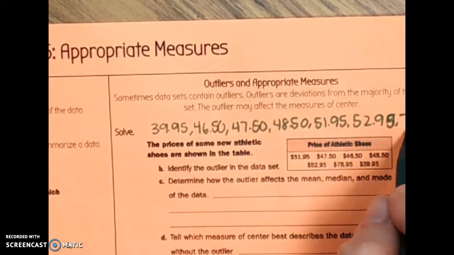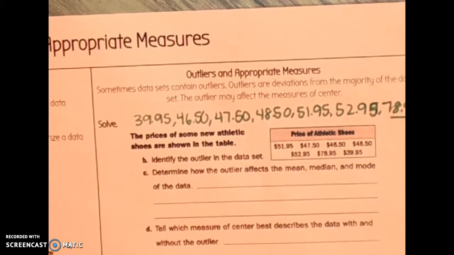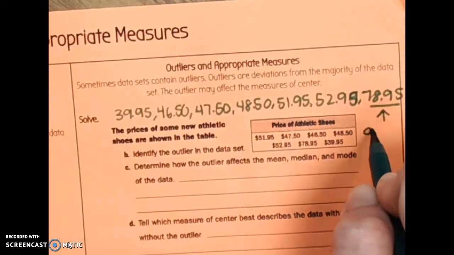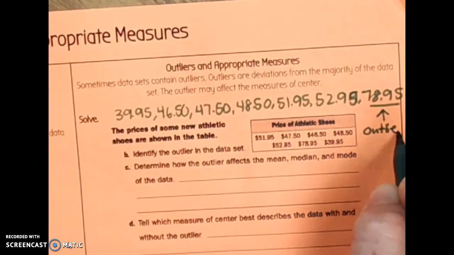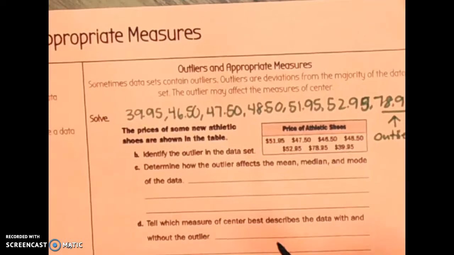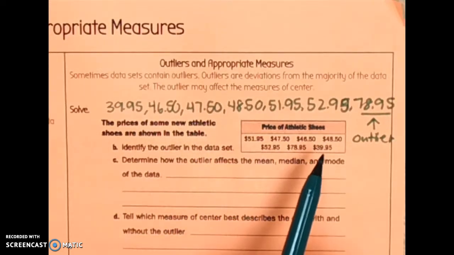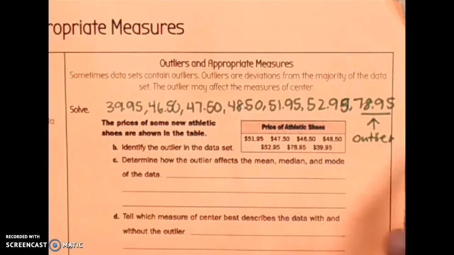And if we look at it, $78.95 is really far out there, so our outlier is $78.95. So I identified it. Now, we're going to determine how the outlier affects the mean, median, and mode of the data. So we're going to find the mean, median, and mode with the outlier, and then we'll find them without the outlier.